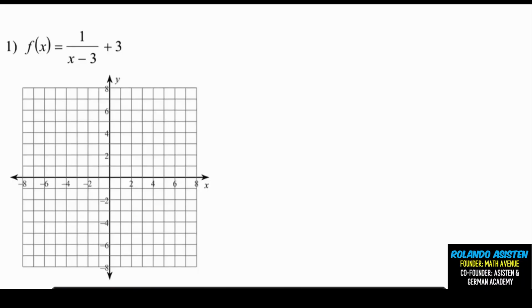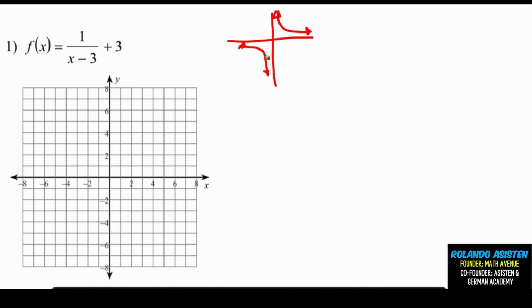At this point, we are now ready to graph this rational function. Let's say we have the function f of x equals 1 over x minus 3 plus 3. Before we graph it here, let us have some idea of how the graph looks based on our knowledge of transformation. So we know that the graph of the parent function 1 over x is like this. And the transformation that happens here is we are going to move 3 units to the right.